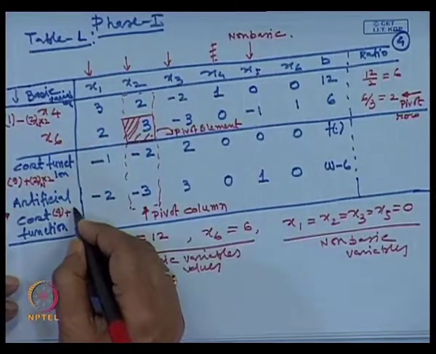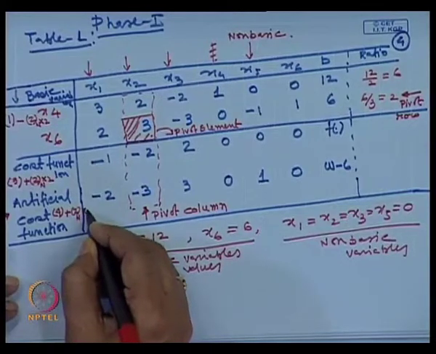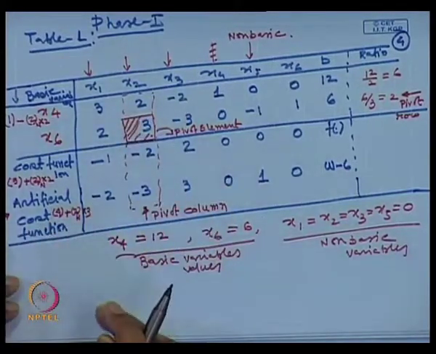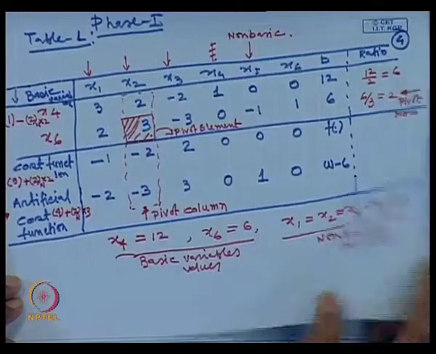So, equation number 2 normalized multiplied by 3, then add with equation number 4. If you do this operation, then ultimately you will get the table like this.